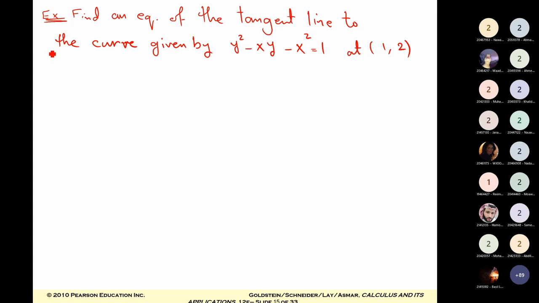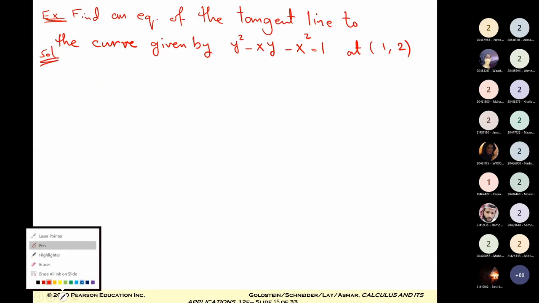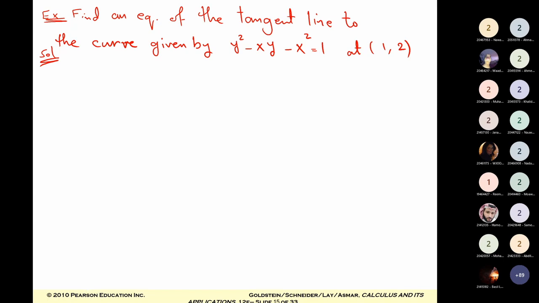Okay, the solution here, we need to find the tangent line. To find the tangent line, we need a point and a slope. After that, we can find the equation. The point 1 and 2, x1 and y1.